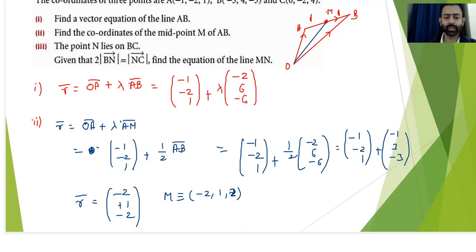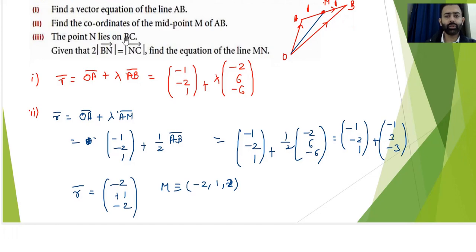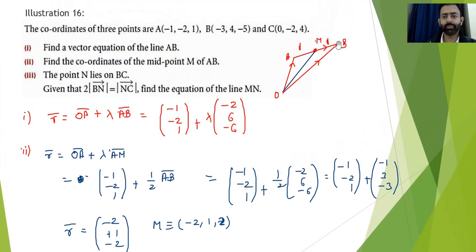Now the third part is the point N lies on BC, right? So there is a point C also in the space, right? So let us write this point C somewhere here. Okay, so let us say that this is your point C, right? And on this BC, the point N is lying, right?